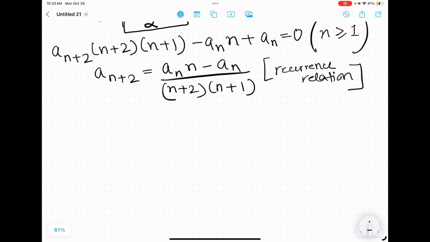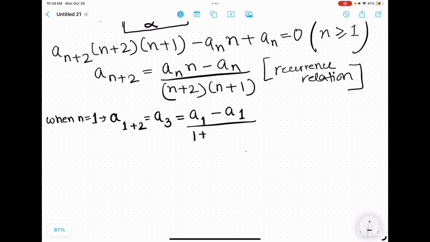So I can say that when n is equal to 1, then I have a sub 1 plus 2, which is a sub 3, which is a sub 1 times 1, which is just 1, and then minus a sub 1, divided by (1 plus 2) times (1 plus 1).